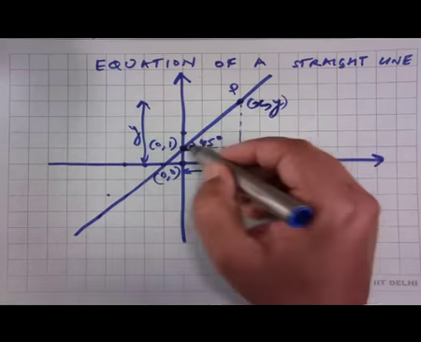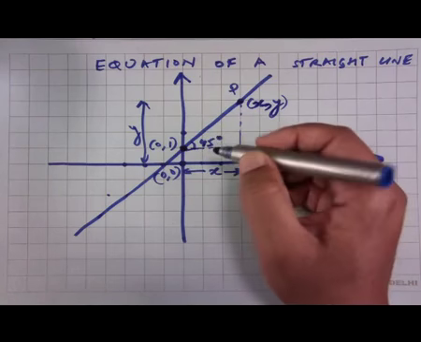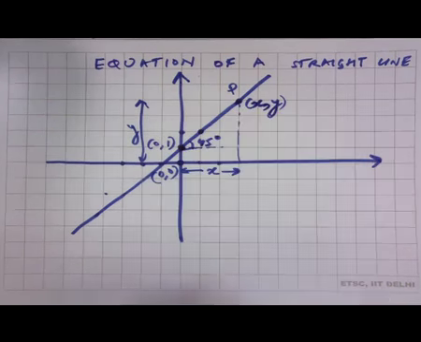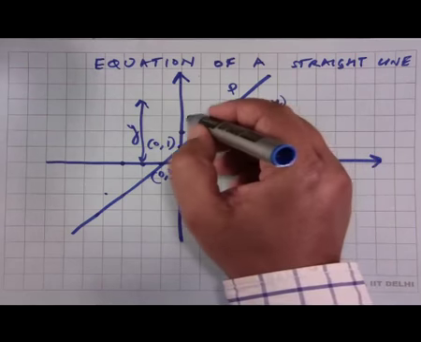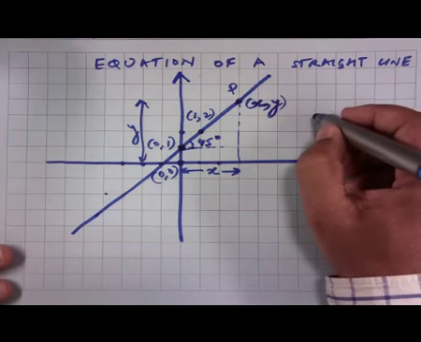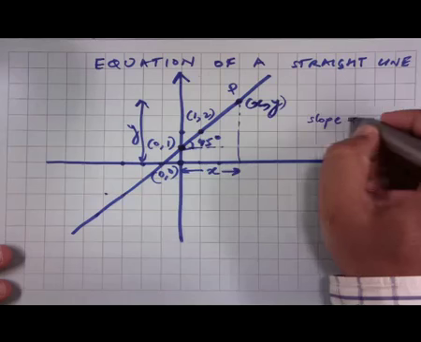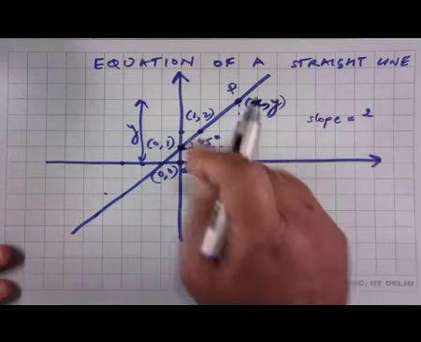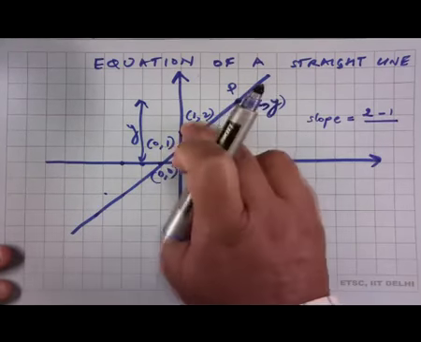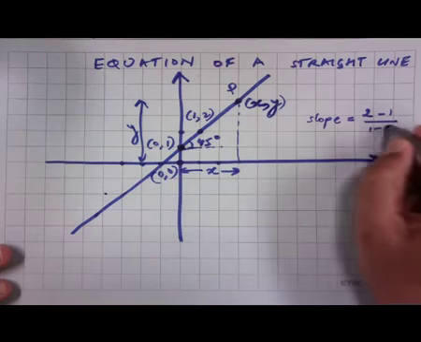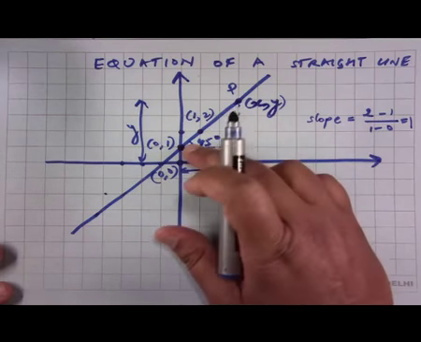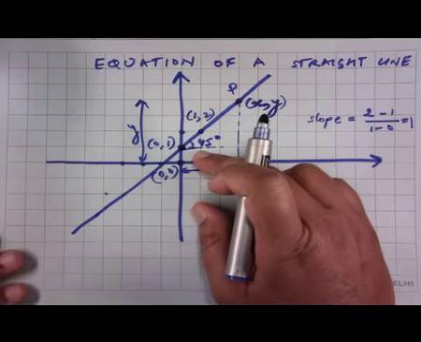That is because the slope of this line is 1, and that is very easy to see, because we see that this straight line also passes through this other point here, whose coordinates are x 1 y 2, and therefore, the slope of the line is y 2 minus y 1 divided by x 2 minus x 1, which is 1. The slope equal to 1 means that the angle between this straight line and the horizontal axis is 45 degrees.